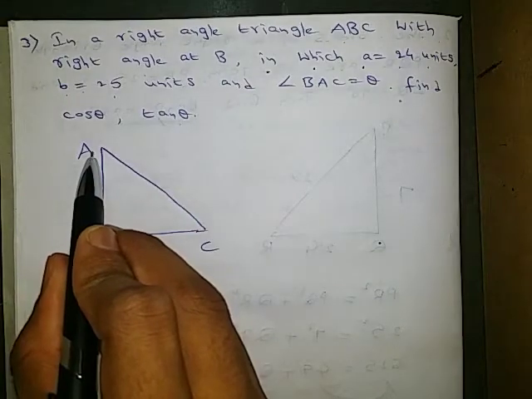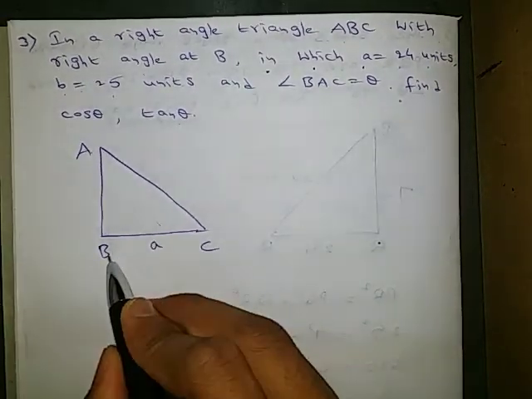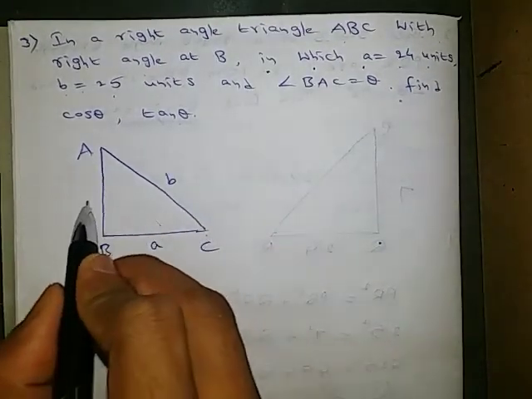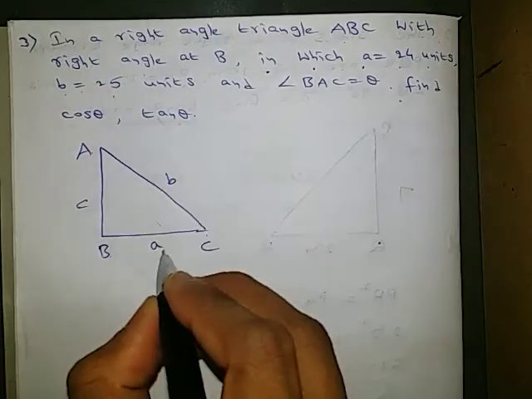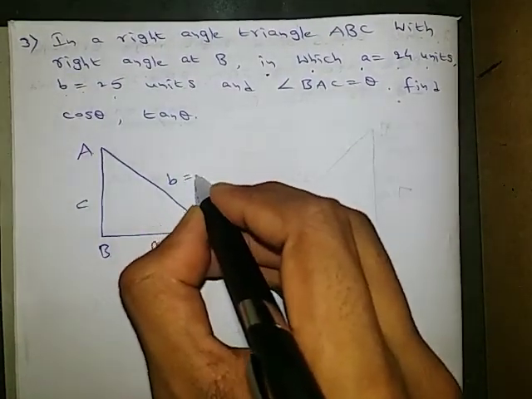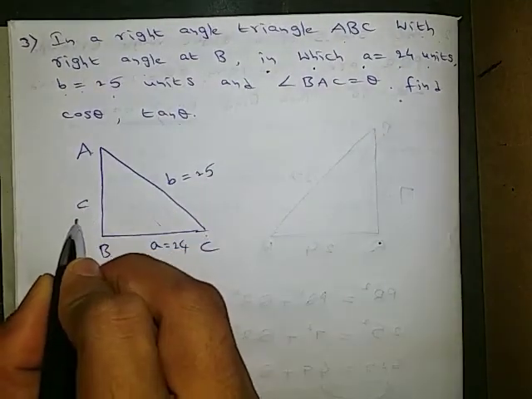Small a is opposite to the capital A, small b is opposite to the capital B, small c is opposite to the capital C. So small a is given as 24 units and small b is given as 25 units and c is not given, so we need to find this c.